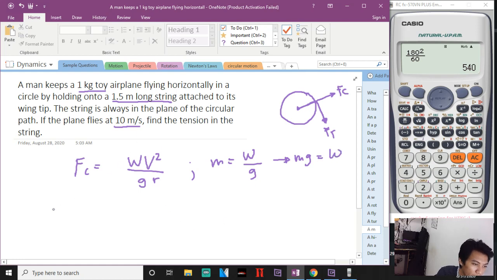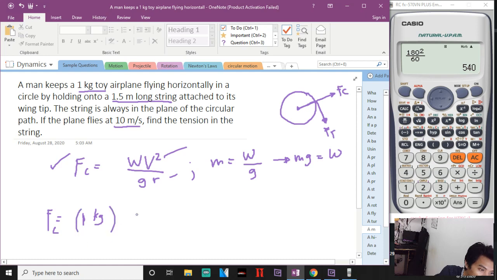So, meron kang V, meron kang R. Ang hanapin mo yung centrifugal. FC equal to W, that is 1 kilogram.